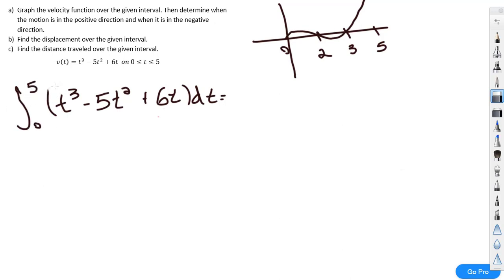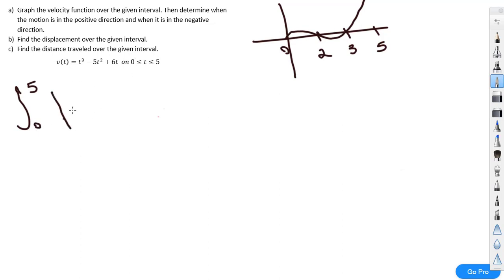So I really don't have to erase all that much because the difference between finding just the displacement and the total distance, or the net, is that instead of just taking the integral from 0 to 5 of this function, I need the absolute value of this function. So I need the absolute value, t to the 3rd minus 5t squared plus 6t dt. So that's the absolute value of this function.